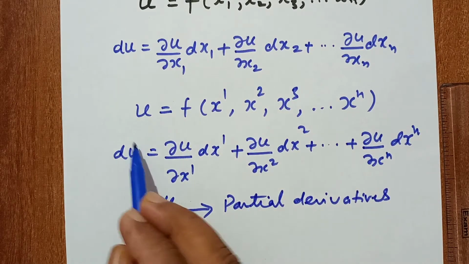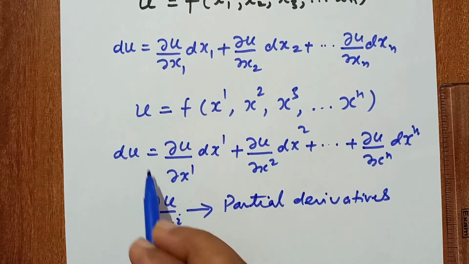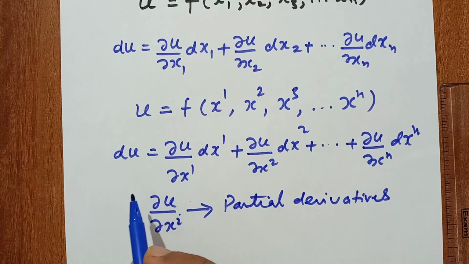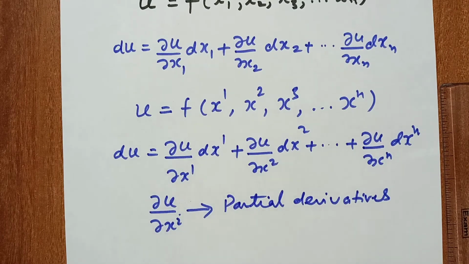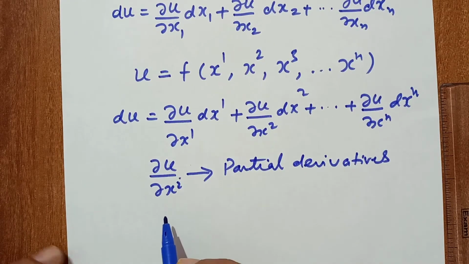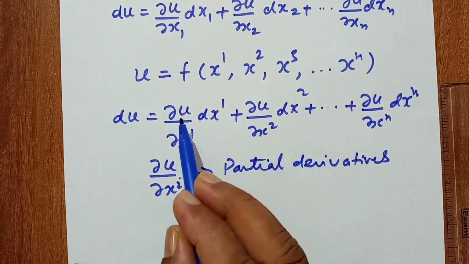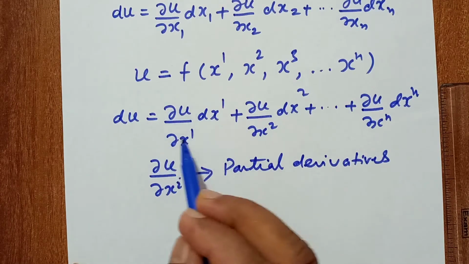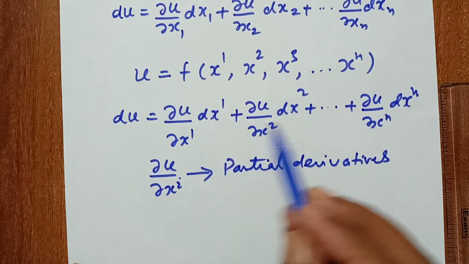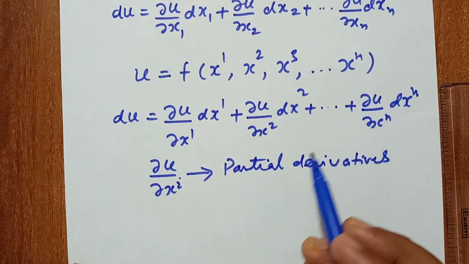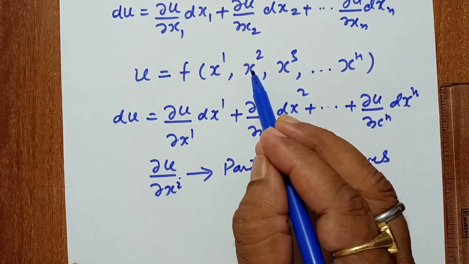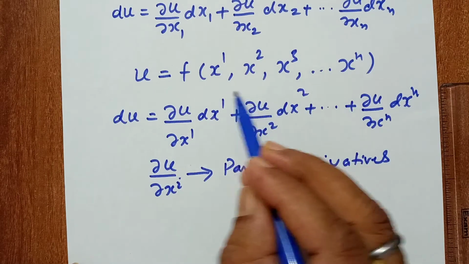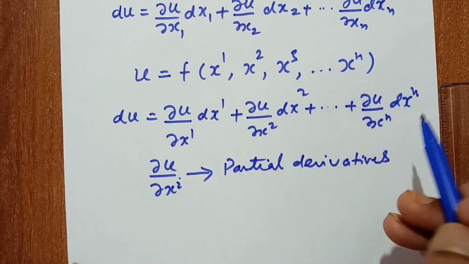The scalar quantity du is the small increment of u. Here dx1, dx2, dxn mean the small increment of x1 is dx1, the small increment of x2 is dx2, and similarly the small increment of xn is dxn.